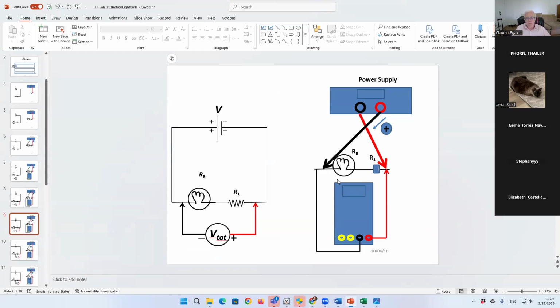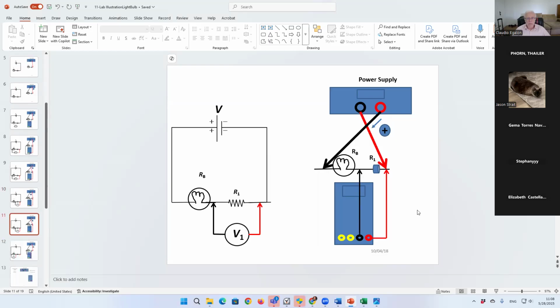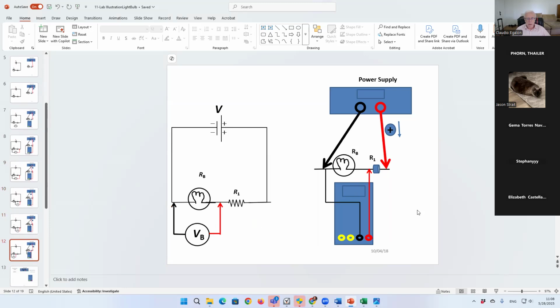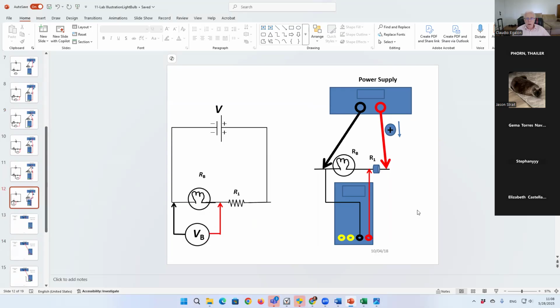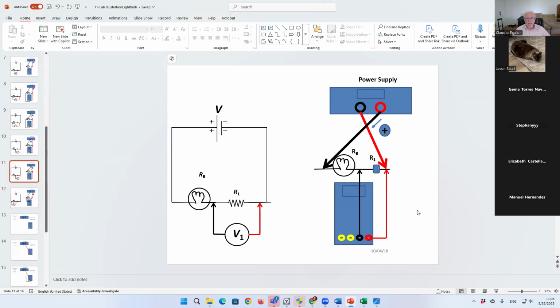If you want to know V1, I have to connect the black lead of the multimeter here. So here you go: the voltage across the bulb and the voltage across the resistor.